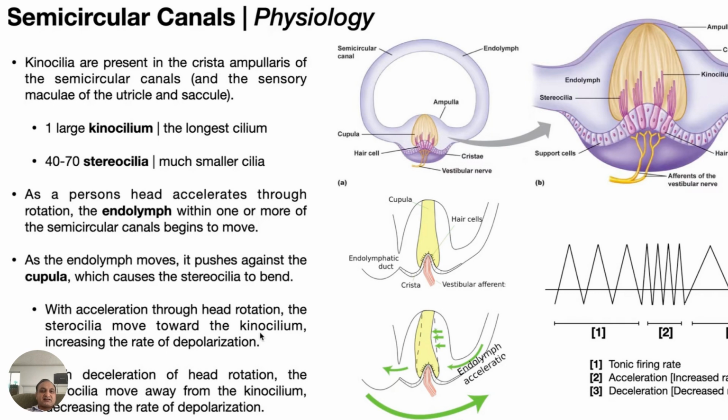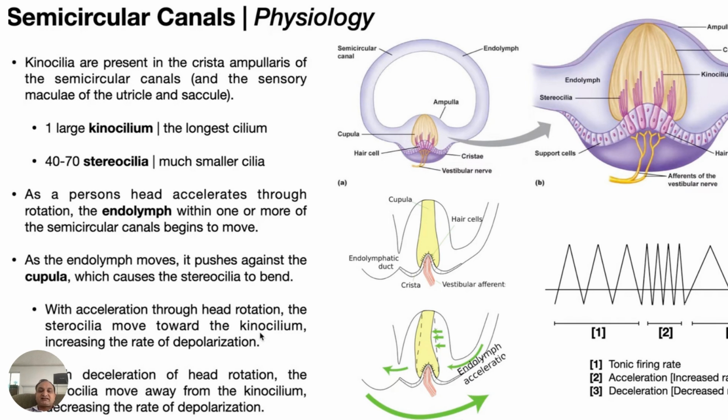In the semicircular canal, in the ampullated end, there is a crista ampullaris, which has the cupula. These hair cells, the kinocilium and the stereocilia, are embedded in the cupula. When the head moves, for example, to the right, the fluid, the endolymph, moves towards the left. This causes bending of these hair cells.